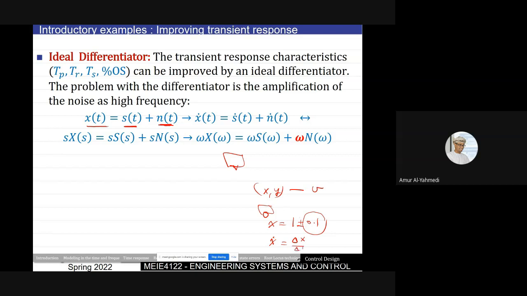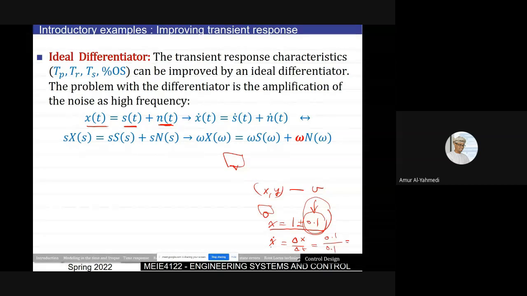Suppose the robot did not move, but what is changing is the error here: sometimes 0.1, sometimes minus 0.1, sometimes 0.2, sometimes 0.3. The delta x changes, so it gives me a different value of x because of the noise, not because of the position. The position didn't change, but you have some noise here. So if you put 0.1 and your delta t is 0.1, every 0.1 second you are measuring the position.